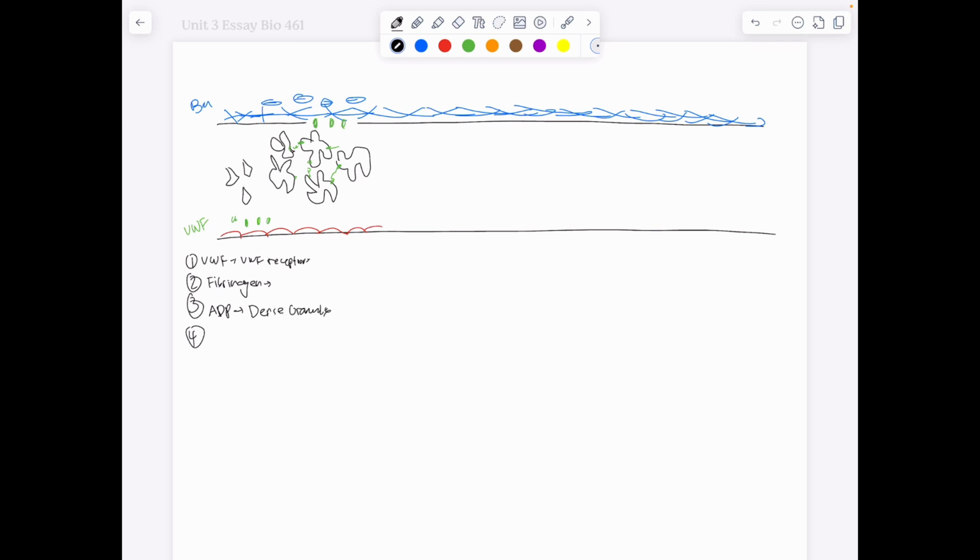Once these are released, we have dense granules and alpha granules. And then we have our thromboxane, TXA2. This is our platelet plug.